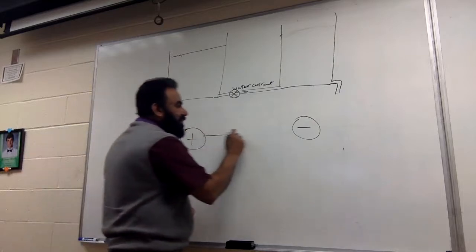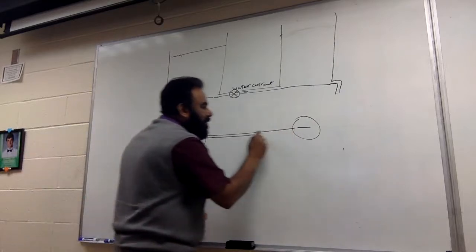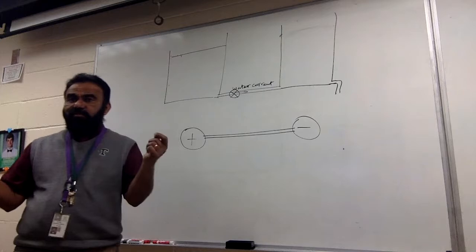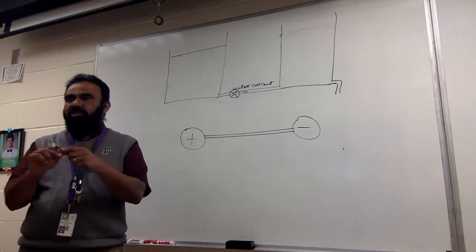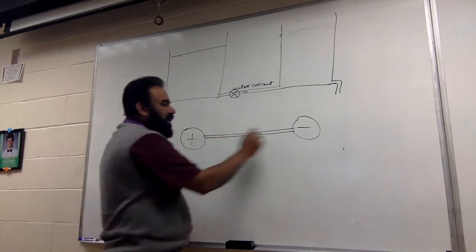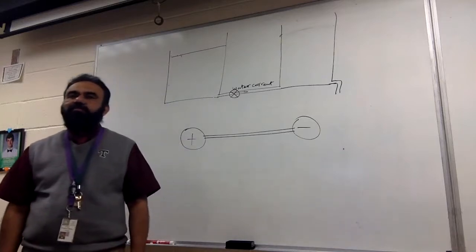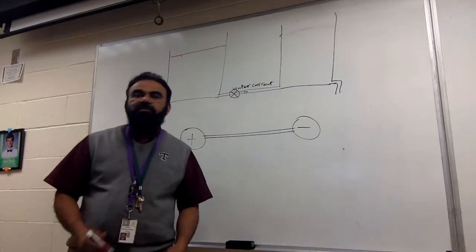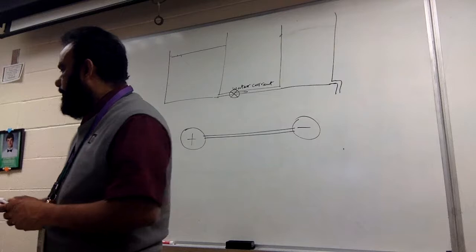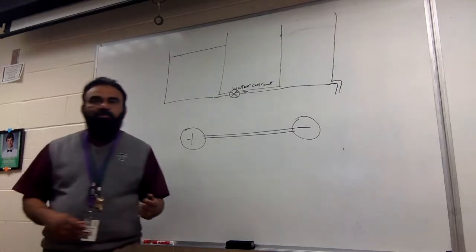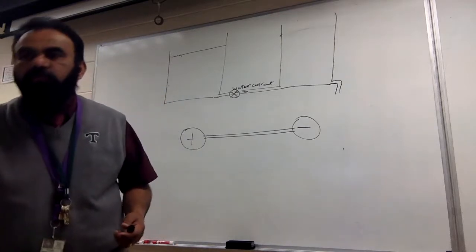So to connect it, you can connect it not by a pipe, but by means of a copper wire. So you just take a wire and connect it across the two. Now, copper. What is special about copper? It's a conductor. It's a good conductor. What about this material?